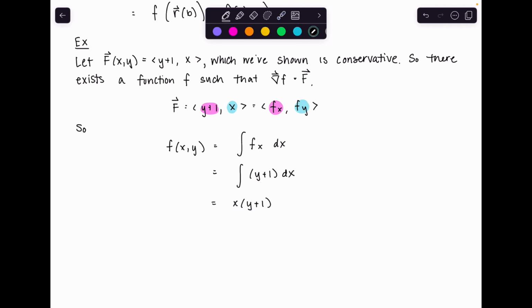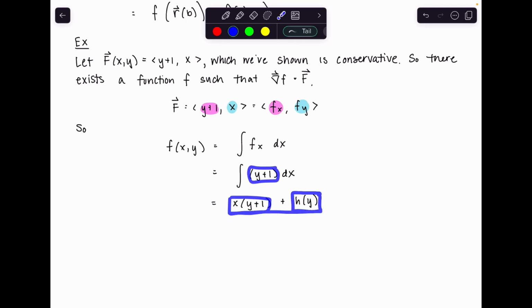Now, typically what you're used to doing is getting a plus c. The problem is here, I don't quite get that. Instead, I get a function dealing with the other variable. Because if I go ahead now and differentiate this with respect to x, this derivative is y plus 1.